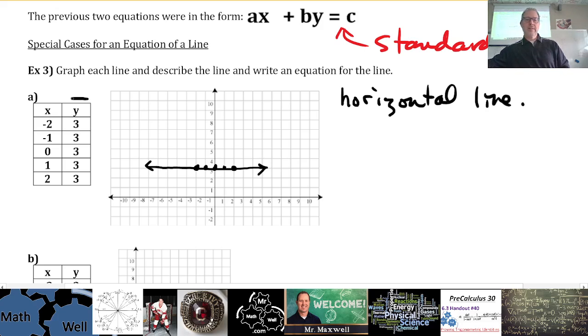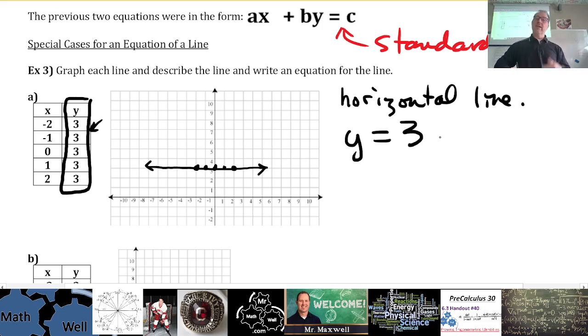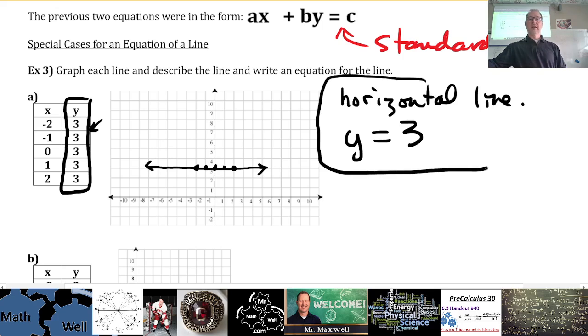And notice that what is very striking about the table of values and these points is that 3 is very important here. Each of the points has a y value of 3. They all have a y value of 3. So y equals 3 is very important, and as a matter of fact, that is the equation of this line. It's y equals 3. Now you might say to me, Mr. Maxwell, hold it for a second.